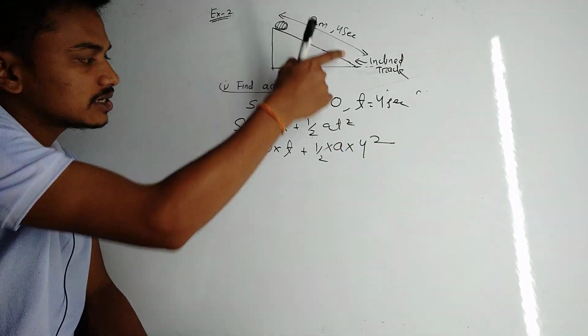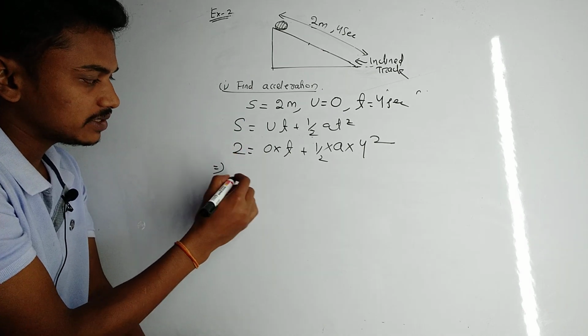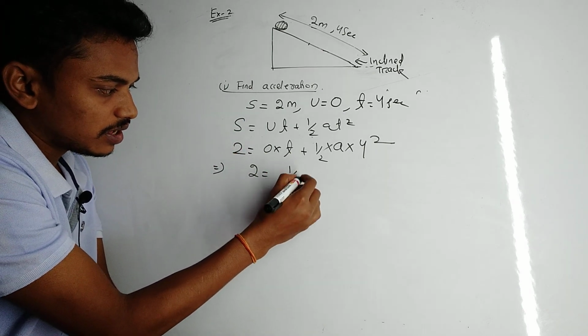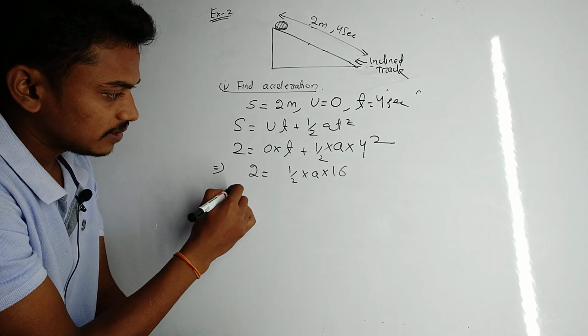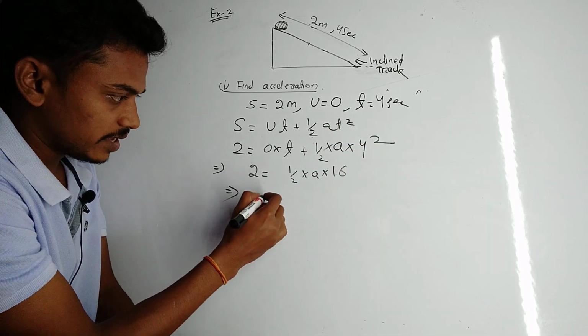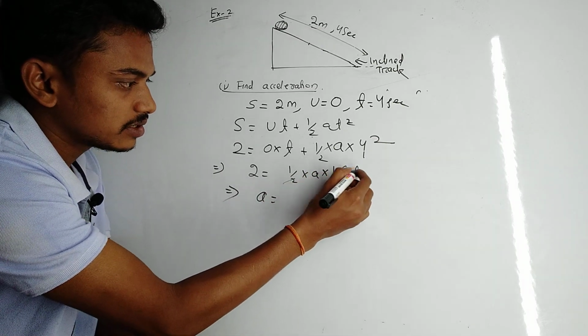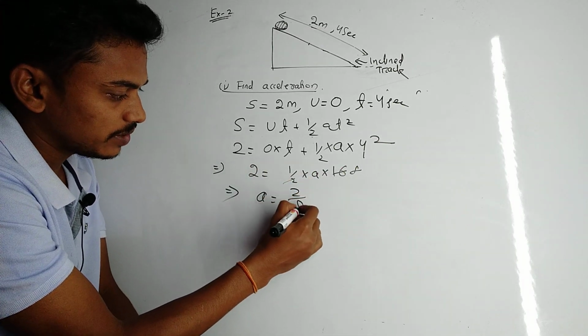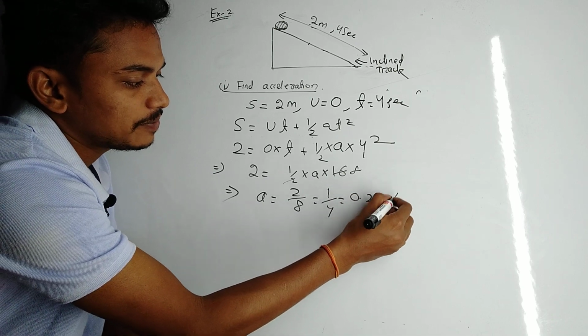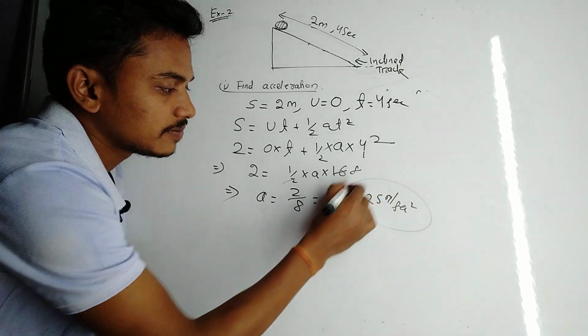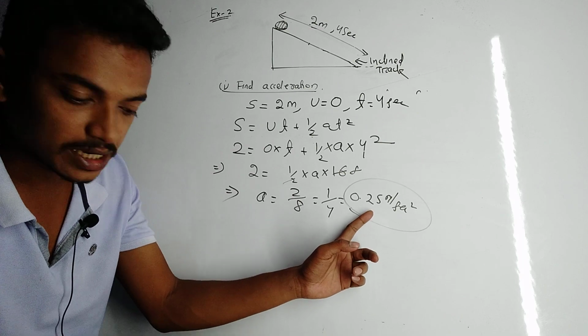Here s is 2. This implies 2 equals half into a into 4 square, which is 16. So a equals 2 by 8, which is 1 by 4, that is 0.25 meter per second square. This is the acceleration. Okay, first bit solved.